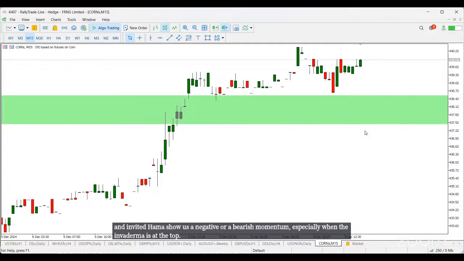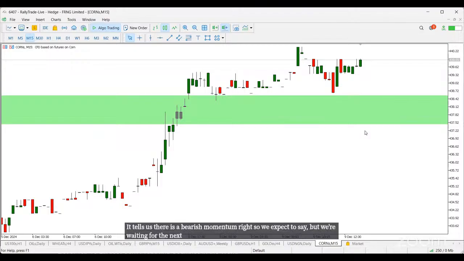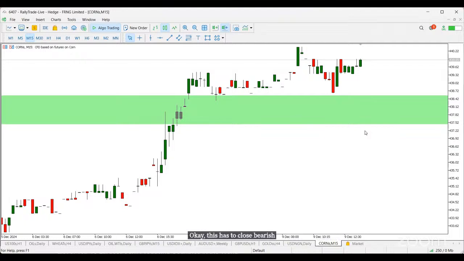So we expect a sell, but we're waiting for the next or the current candle to close bearish to confirm it. When it closes bearish, of course, we'll be able to take advantage of this sell.